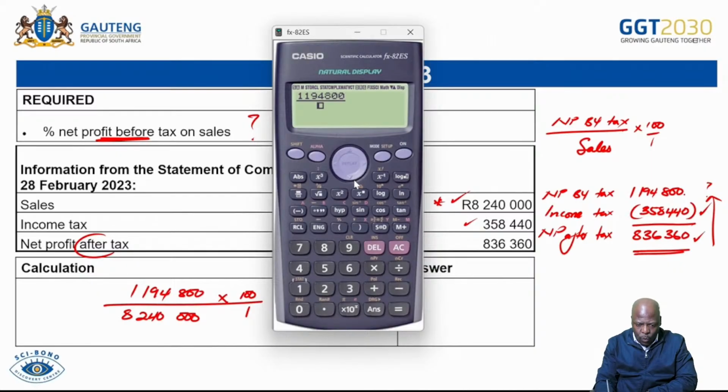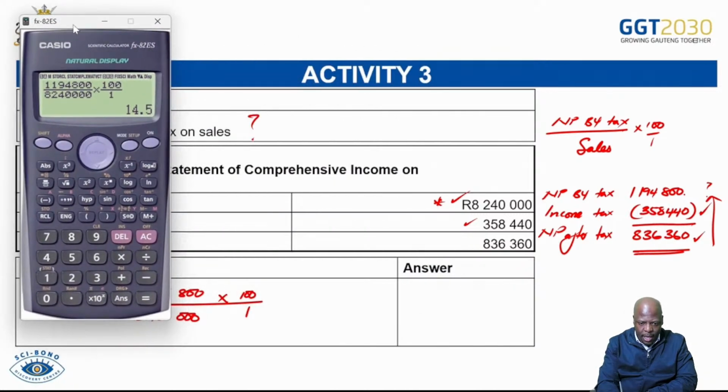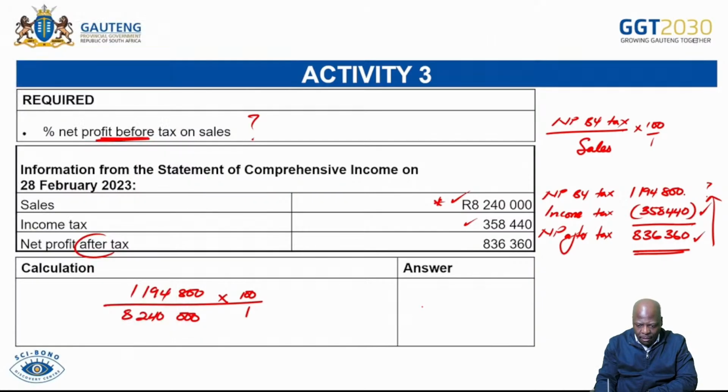We divide that by 8,240,000. And then we multiply that by 100 over 1. Let's see what it's going to give us. It is going to give us 14.5%. So my answer is 14.5%.